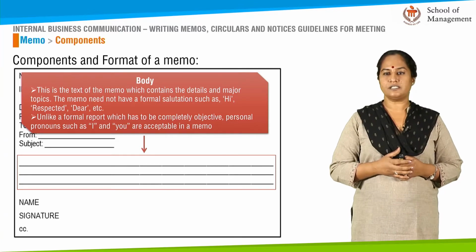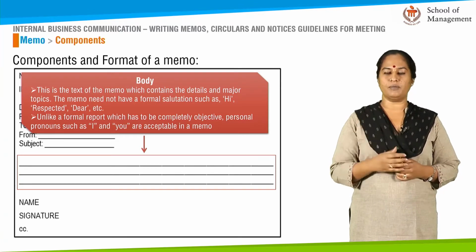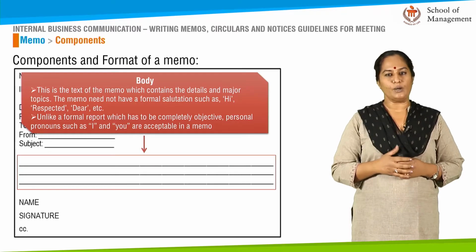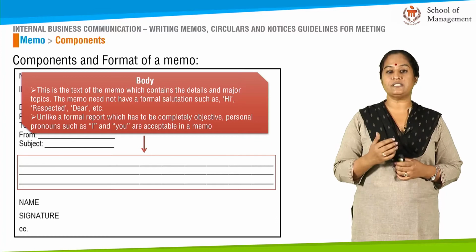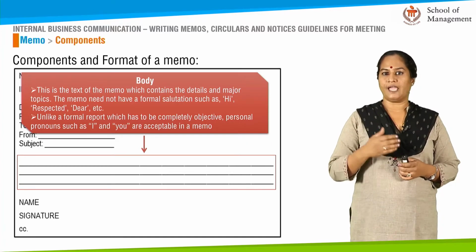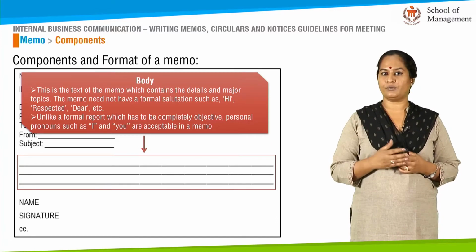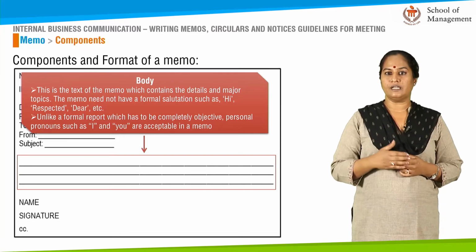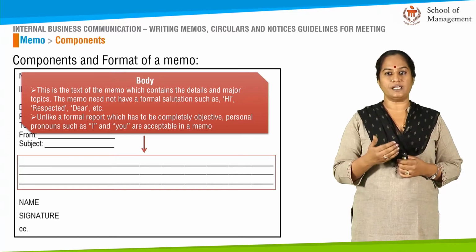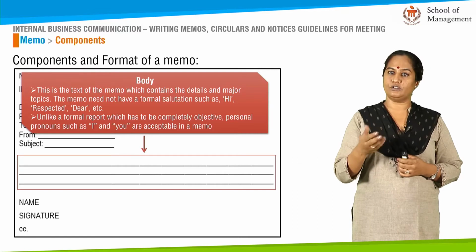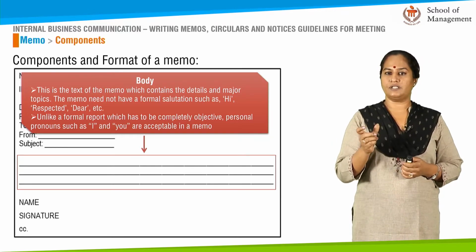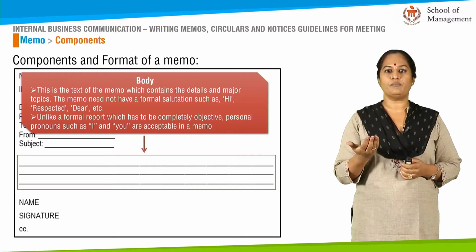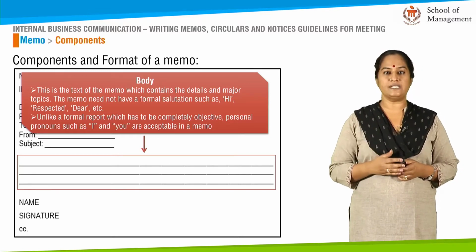Now it is not mandatory to start the memo with dear and respected, but we usually advise you to do it so that it gives a personal touch to the person who is reading the memo. And you could also use pronouns like I and you. For example, you could say, I would like to discuss the report with you on maybe Wednesday morning 10 a.m. Now this again would give you that rapport with the person who is actually reading the memo.